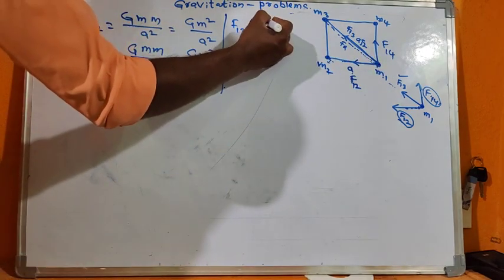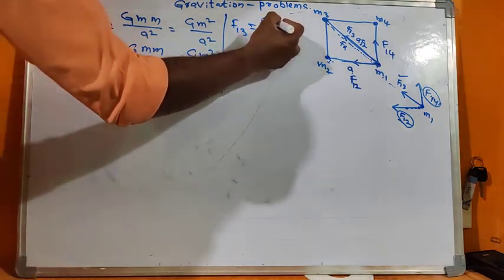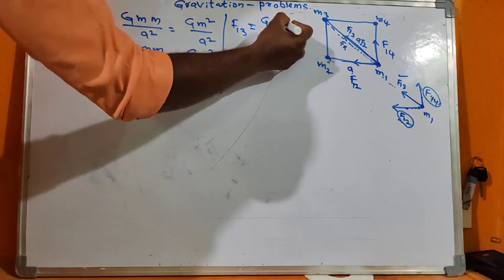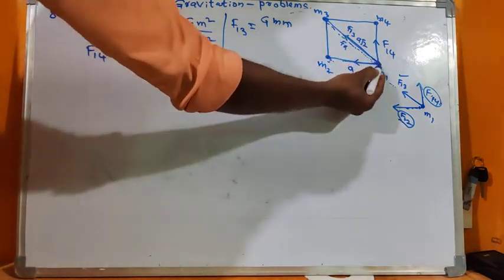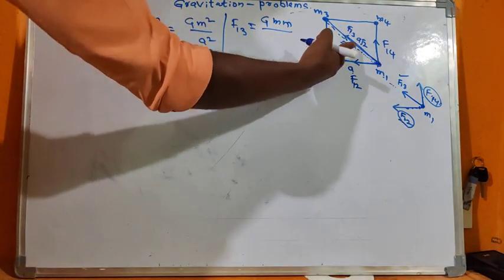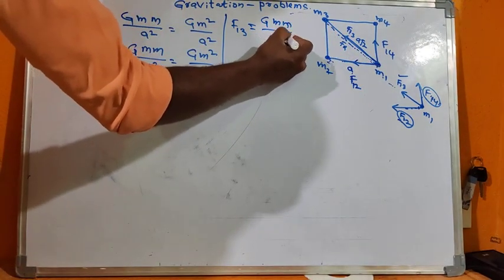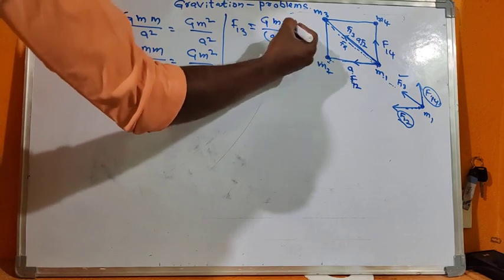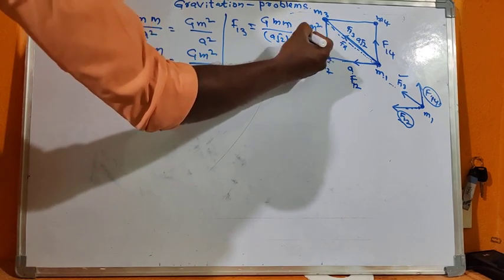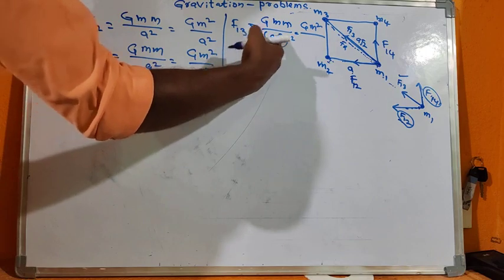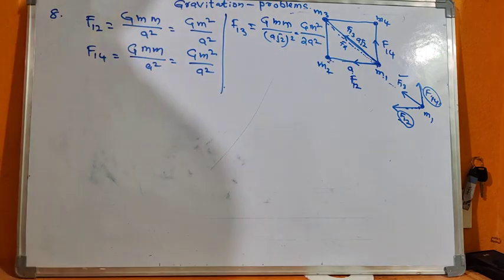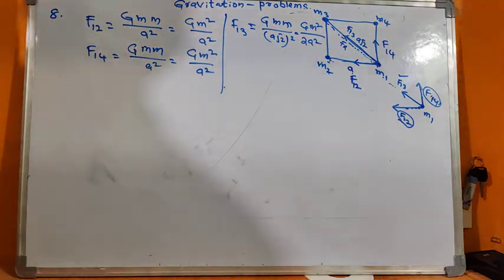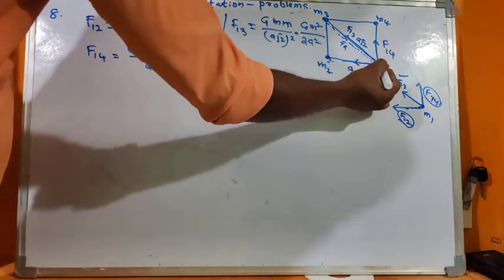So write down the formula G m1 m2, that is also m, identical masses, by distance a root 2 whole square, and that is equal to G m square by 2 a square. This is the force F13. So these are the forces acting on this mass.